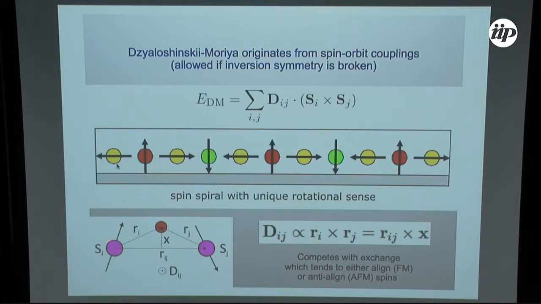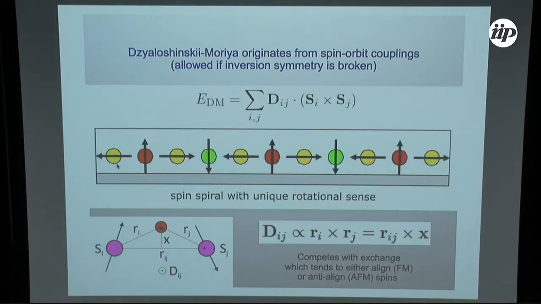Essentially, if you have two atoms with spins, and there is some exchange generated by the environment, and in particular, if inversion symmetry is broken, which usually happens when spin-orbit coupling is important, then this Dzyaloshinskii-Moriya vector will point perpendicular to the blackboard, and it will be proportional to this cross product.